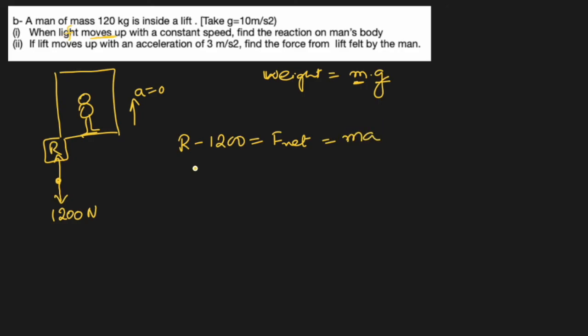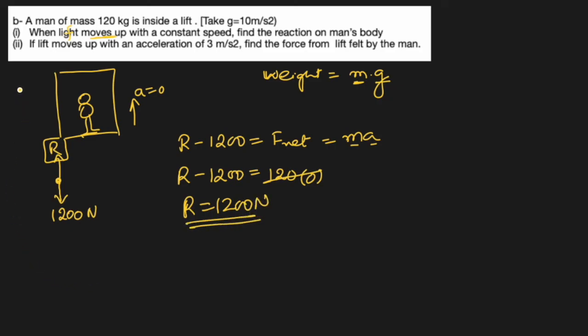Let me write MA. Okay, so R minus 1200 equal to mass is 120, acceleration is 0 because it's moving with constant speed. So it becomes how much? This is 0. R equal to 1200 newtons. Simple. This is first part.